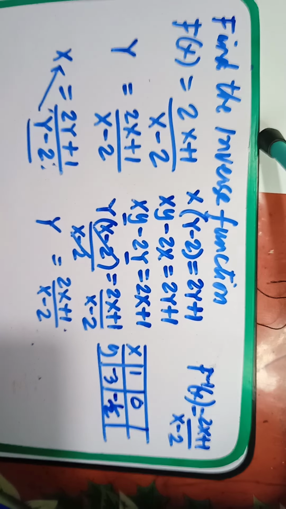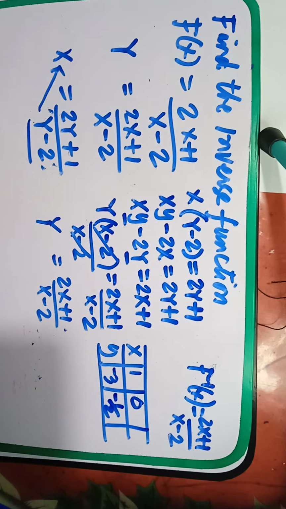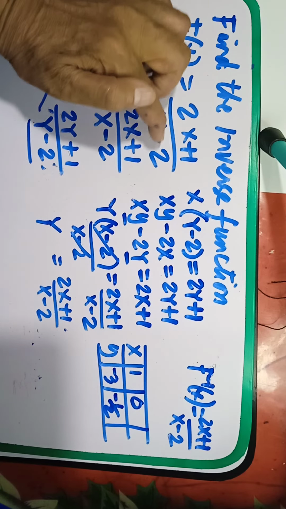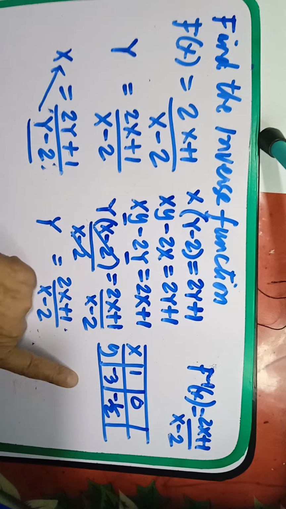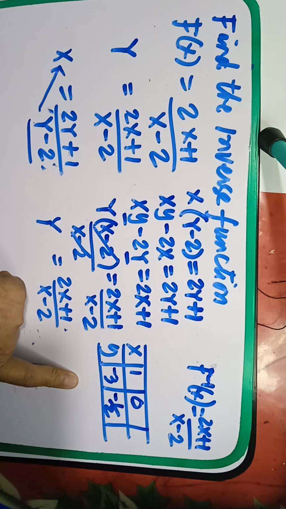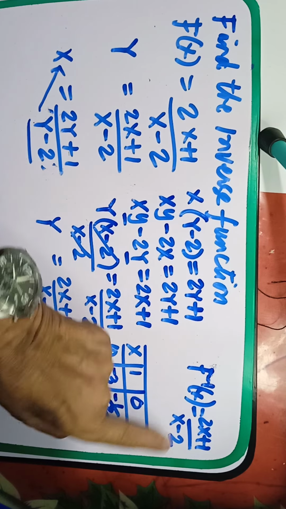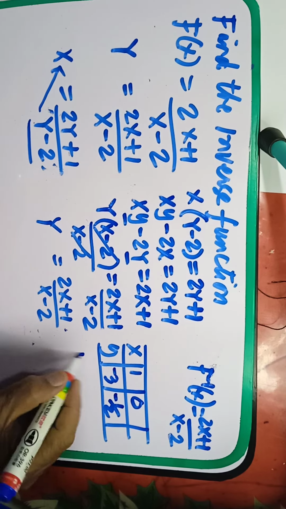Look, so the inverse of the function f of x equals 2x plus 1 over x minus 2 exists. And this is the inverse of the function f of x equals 2x plus 1 over x minus 2.